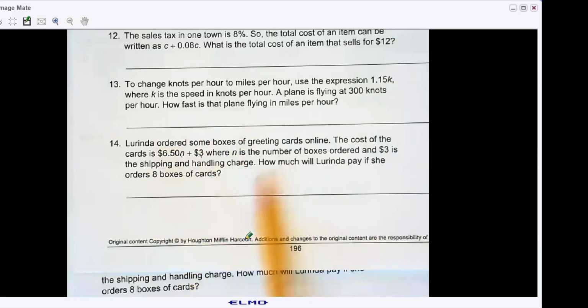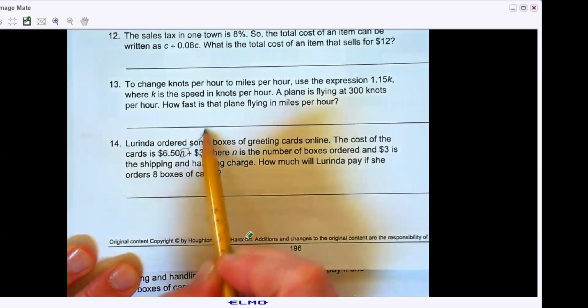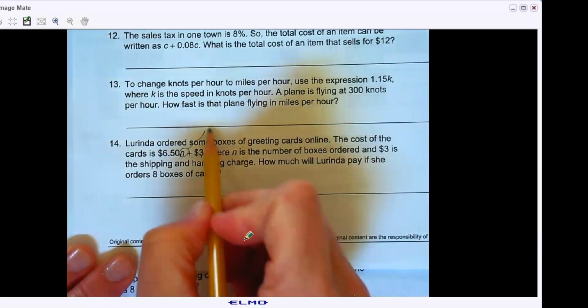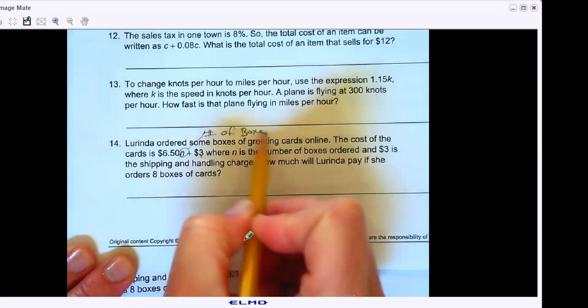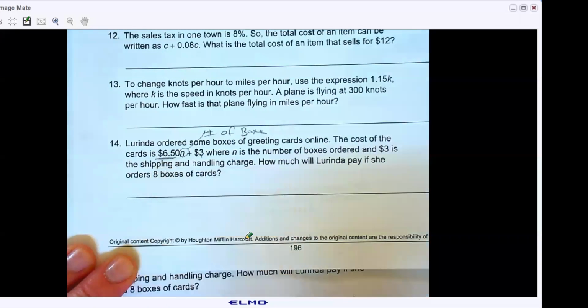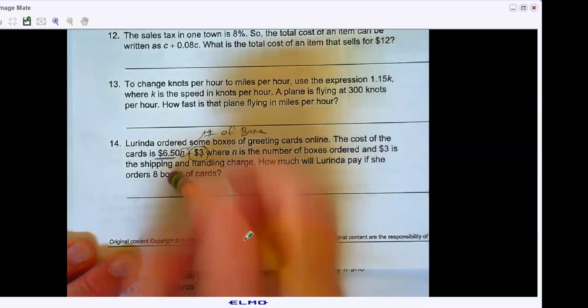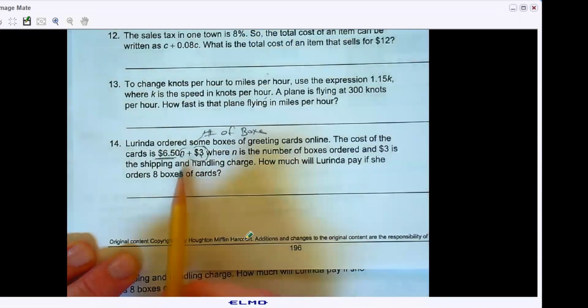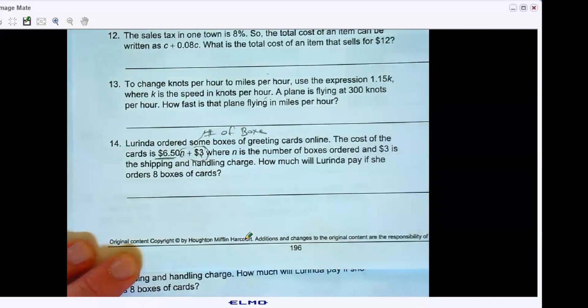How much will she pay? So the variable is the number of boxes, and this must be the cost. Each box of greeting cards is $6.50, and I have a one-time flat rate of $3. It doesn't matter if I buy 1 box or 20 boxes, I only pay $3 for shipping. That's pretty common for most businesses.